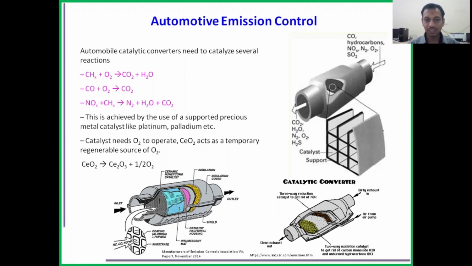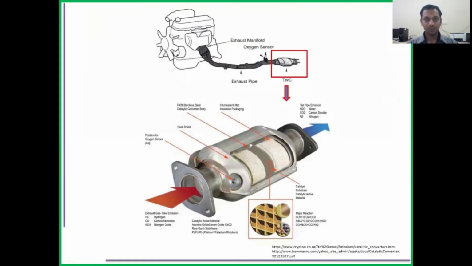So the catalytic converter is a very important concept of catalysis, and we can say two-way catalysis is also there, three-way catalysis is also there. This is the exhaust manifold in the automotive system, in the car. The oxygen sensor is also there, the exhaust pipe is there, and this whole system is for that catalytic converter.